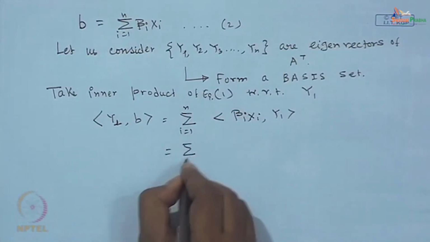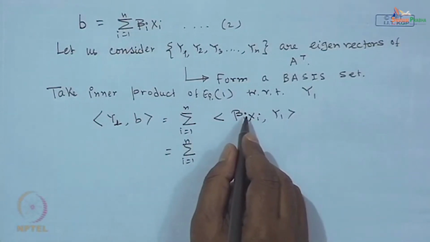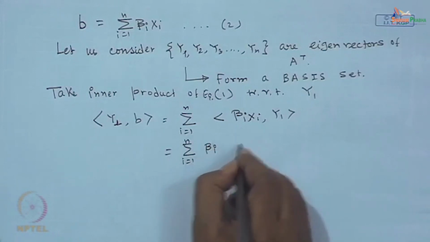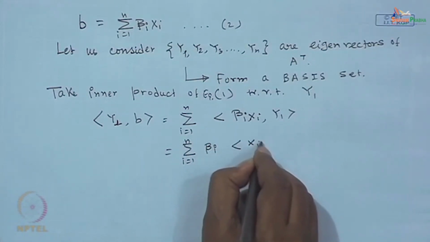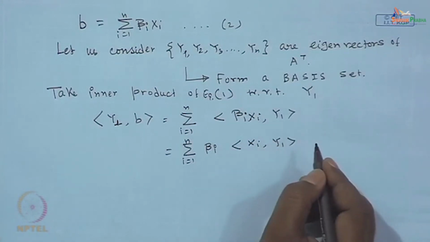Beta i being a scalar, by the property of inner product, it will be taken out of the inner product sign, and this will be simply the inner product of x i and y 1.